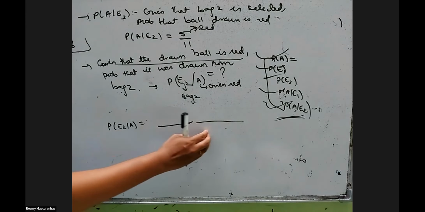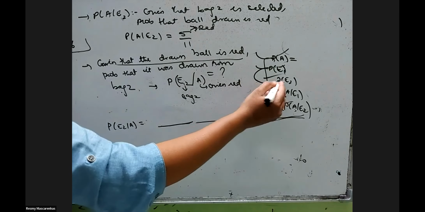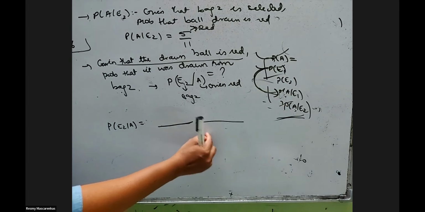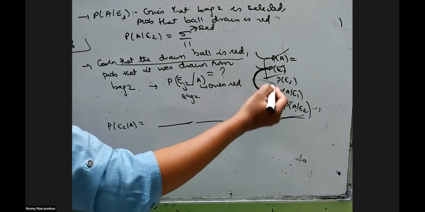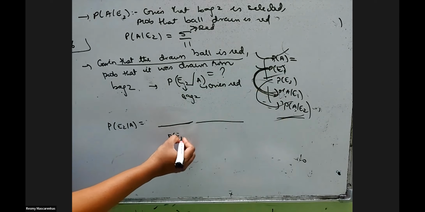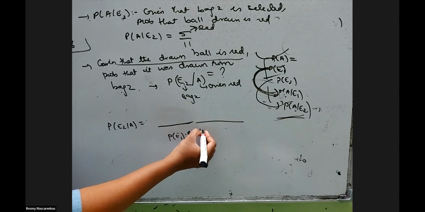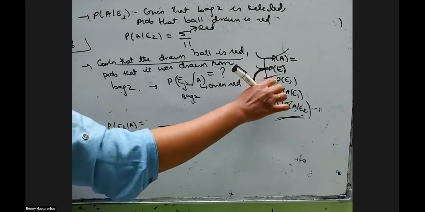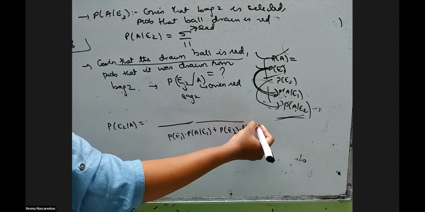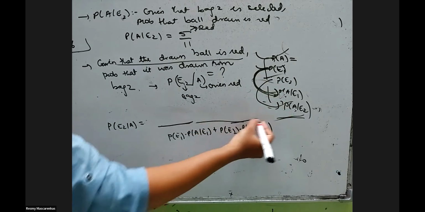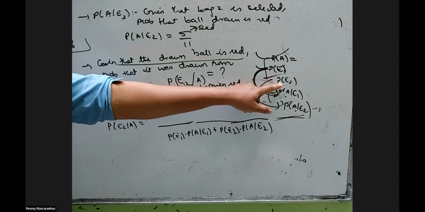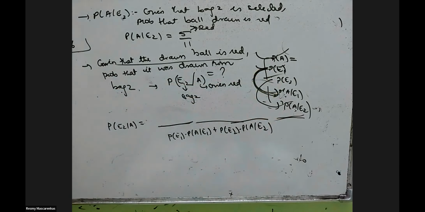Here the denominator will always be this into this. So write the denominator first. The denominator is always this into this plus this into this. If there were 3 events, then it would be 3 terms.